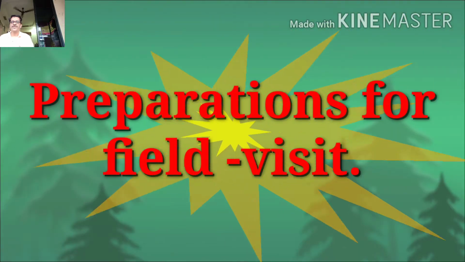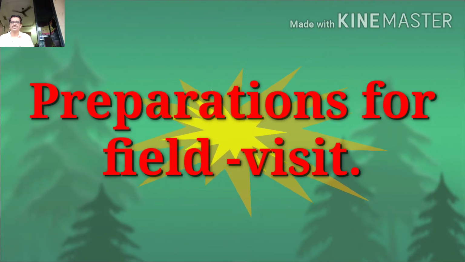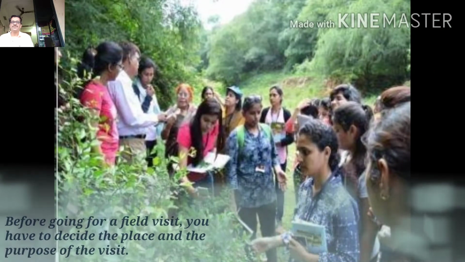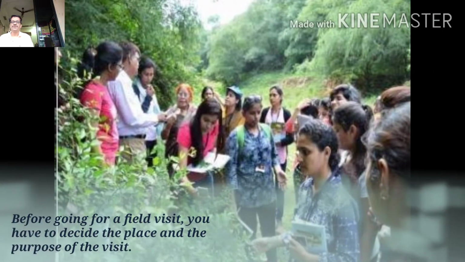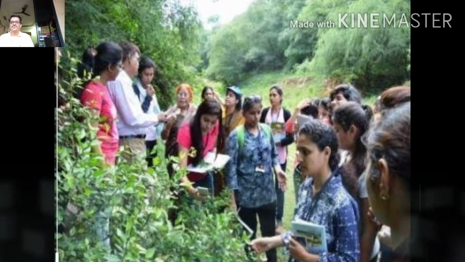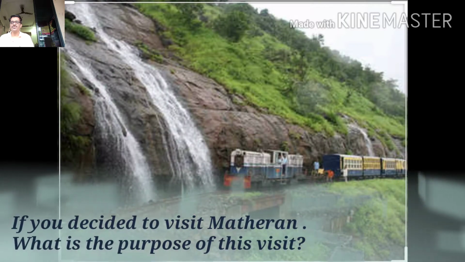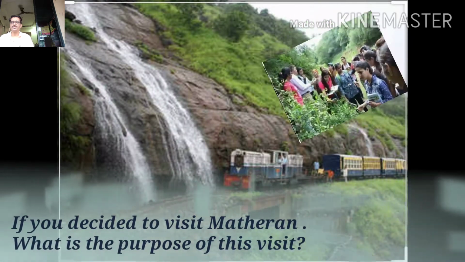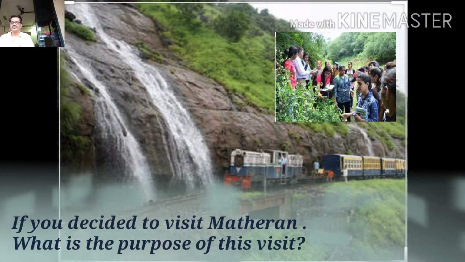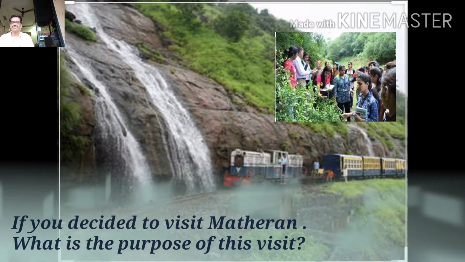Now the next point is preparations for field visit. Before going for a field visit, you have to decide the place and the purpose of the visit. First of all, you have to decide the place. For example, if you decided to visit Matheran, what is the purpose of this visit?